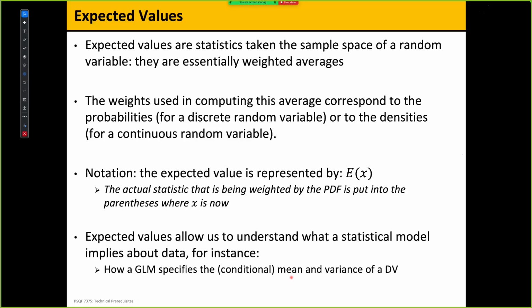Expected values are really important, but beyond that, when we want to define the variance of a distribution, it's also a form of expected value. So this function is somewhat generic, right? We're going to take the value that's in the parentheses and weight it by how likely every value of it occurs in the distribution itself.